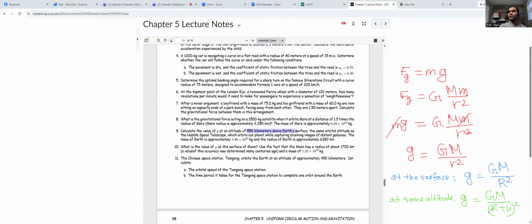Here r is the radius and h is the altitude, so do not confuse between these two. For problem number 9, we have to use the second one, the green one, because the orbit is 550 kilometers from the surface of the planet. That means h is 550 kilometers.